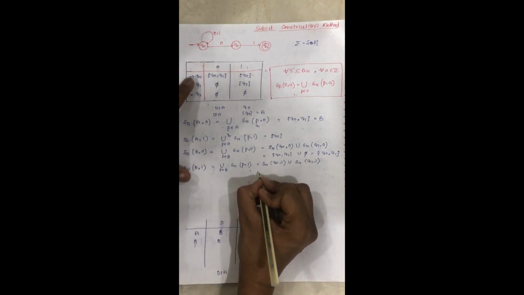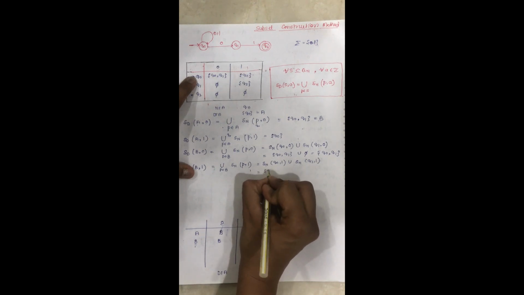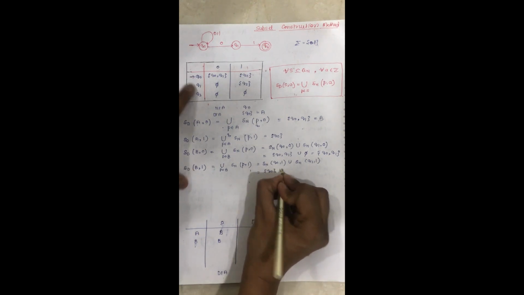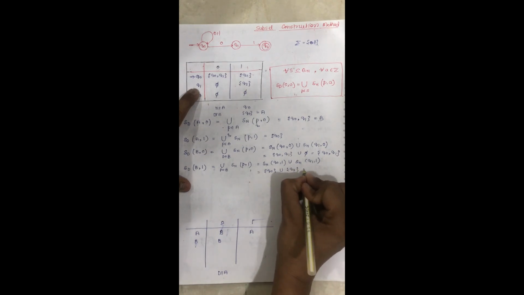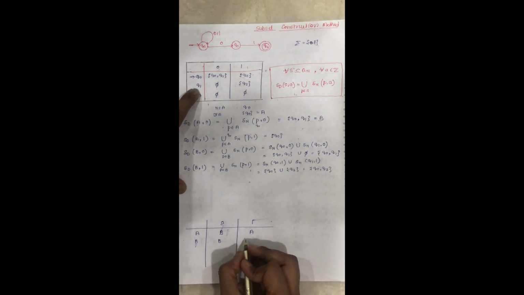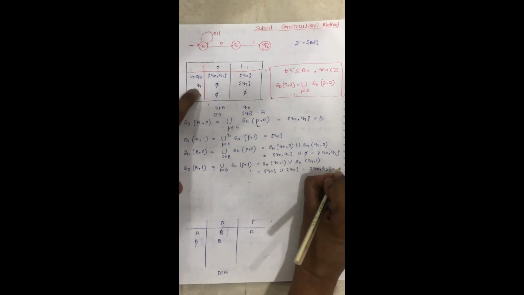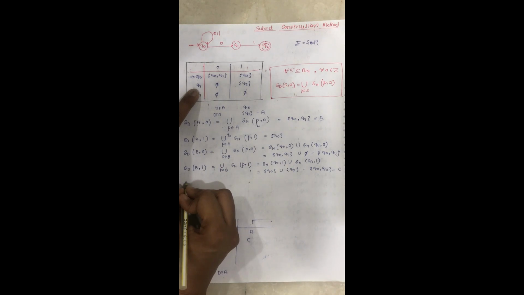At Q naught for input symbol 1, the next state is Q naught, union at Q1 for input symbol 1, the next state is Q2. So we will obtain Q naught comma Q2. We can give the name C to this state. So here we will move to state C. Now the new state is C here.